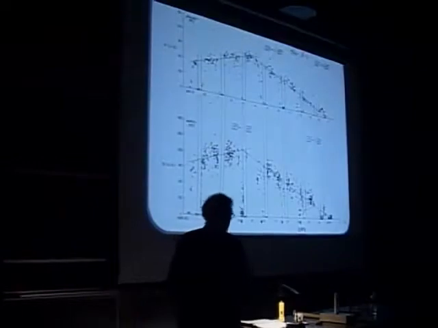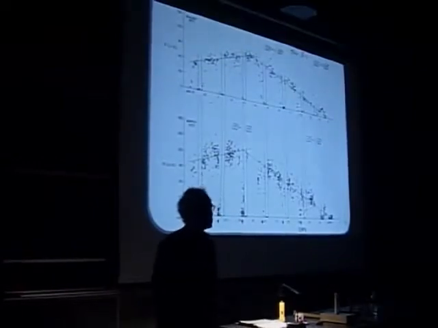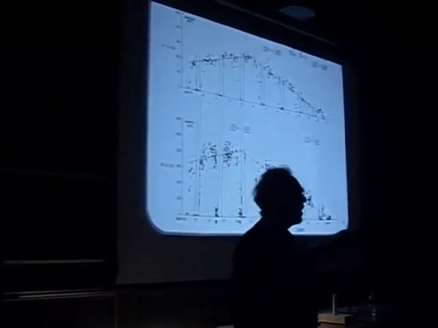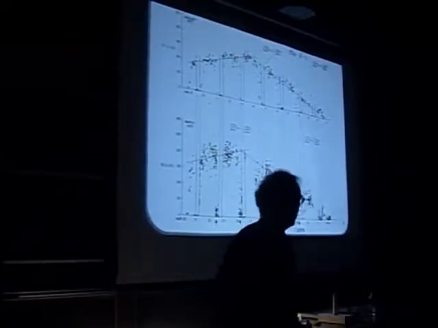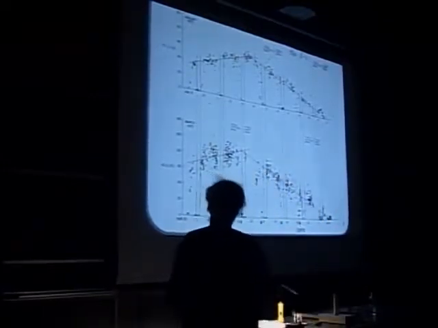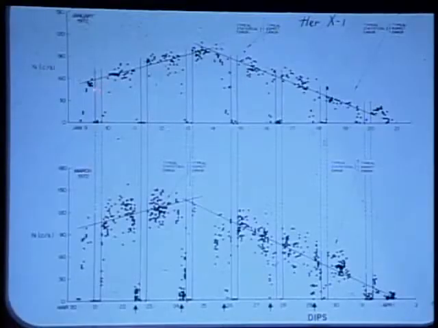And so what you're looking at here are what we call X-ray eclipses. When the neutron star moves behind the donor star, all the X-rays are absorbed by the donor star, and you get X-ray eclipses. In other words, independently from the Doppler shift, you also get the period of the orbit by the X-ray eclipses.